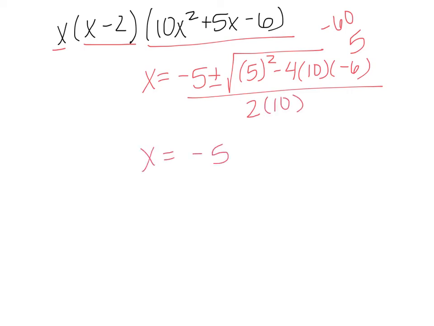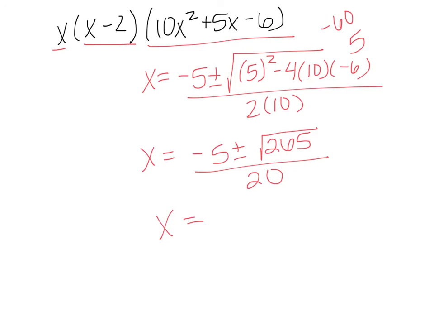So negative 5 plus or minus the square root of 25 minus 4 times 10 times negative 6, over 20. And so x equals negative 5 plus or minus the square root of 265, over 20. The square root of 265 does not simplify, so now I have 2 roots that come out of here.